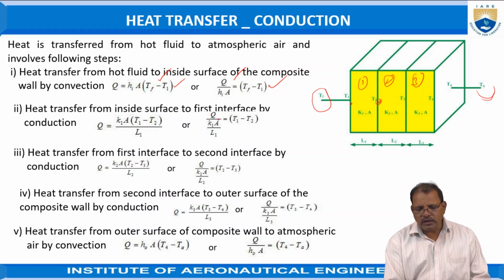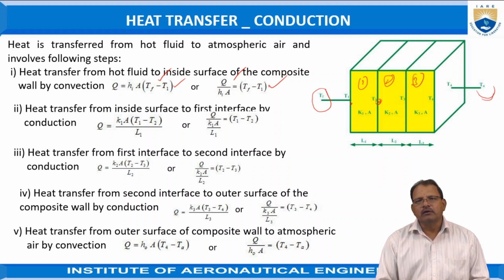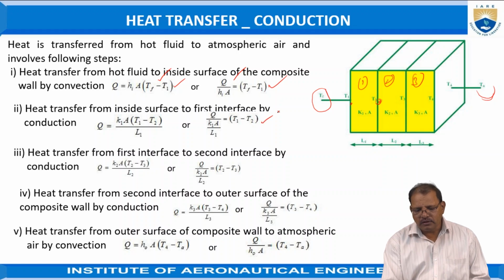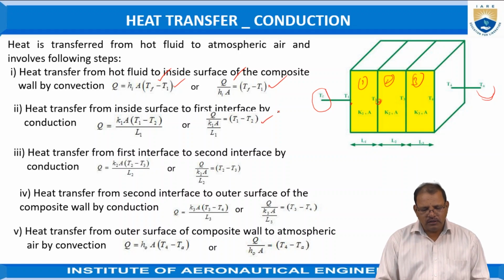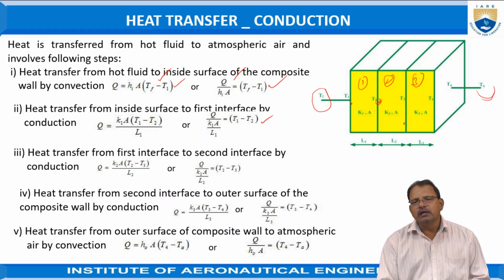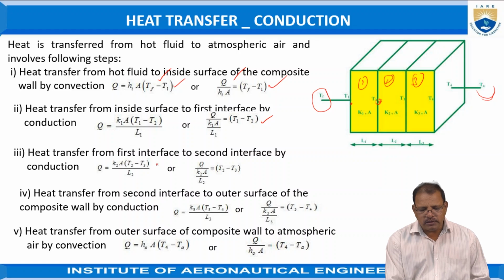From this relation, Q L1/(K1 A) = T1 - T2. The heat transfer from the interface of 1 and 2 to the interface of 2 and 3 is given by Q = K2 A (T2 - T3)/L2, or Q L2/(K2 A) = T2 - T3.